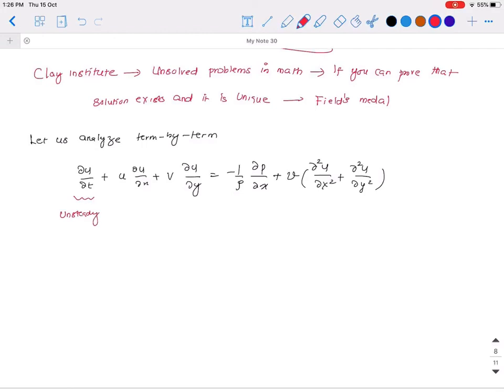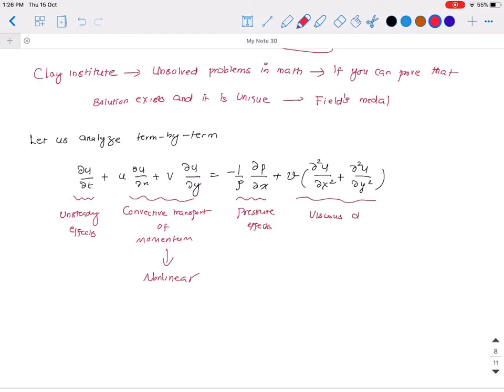All the unsteady effects are represented by this term, and this one talks about convective transport of momentum. This is a non-linear term. This quantifies the pressure effects, and this is the viscous diffusion part.